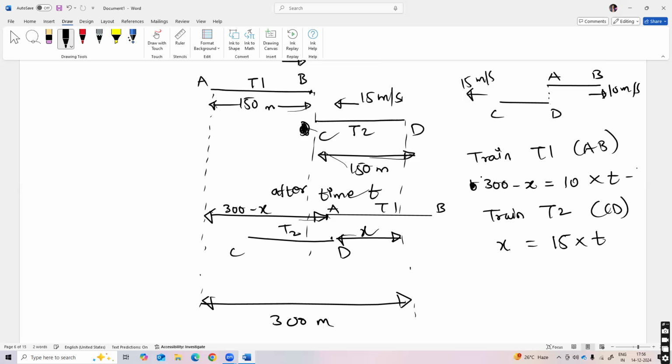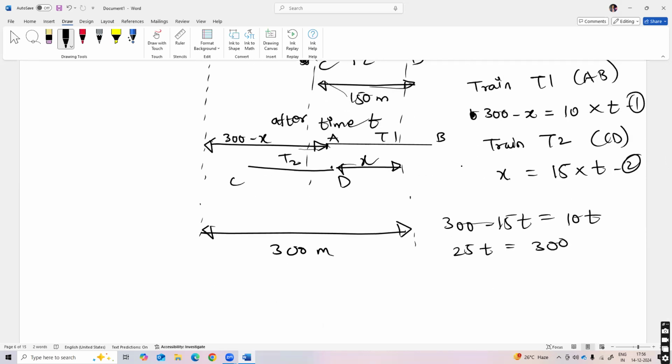Let's say this is equation 1 and this is equation 2. Putting equation 2, x equal to 15t, into equation 1, we get 300 minus 15t is equal to 10t. So finally 25t is equal to 300, so t is equal to 12 seconds.